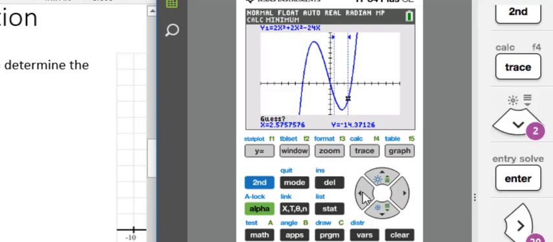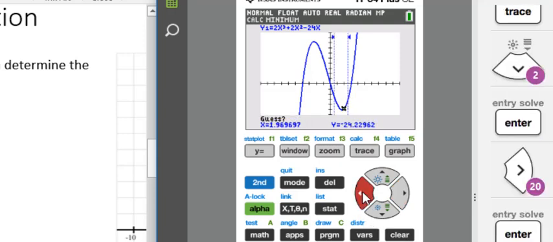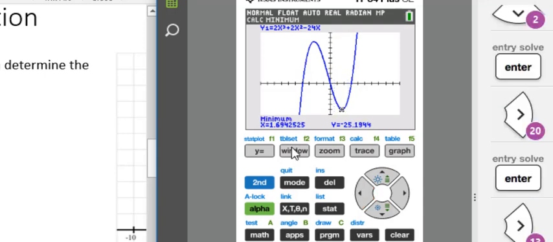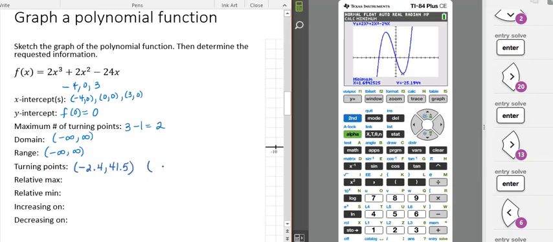And now I'm going to be asked for the guess. So I want to go to that minimum point and press enter. So it tells me that my minimum point is approximately 1.7, if I round to the nearest tenth, -25.2.